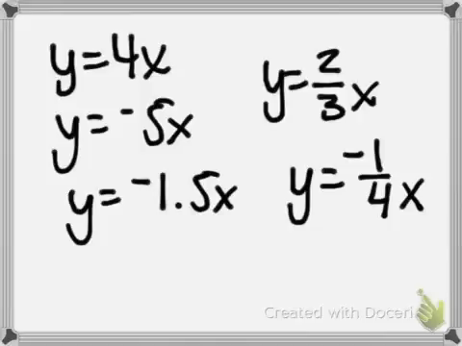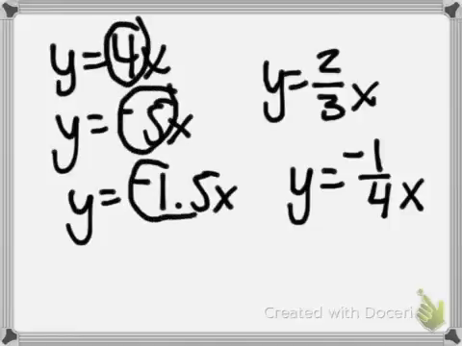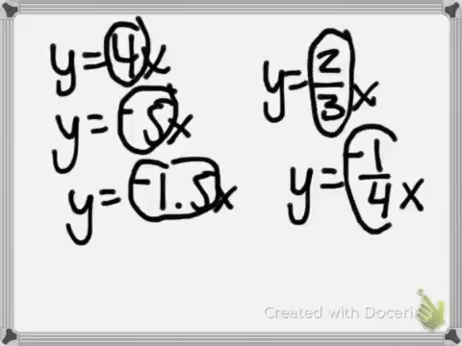The examples below are all examples of proportional relationships because they are in the form of y equals kx. I'm going to circle these numbers here: the 4, the -5, the -1.5, the 2/3, and -1/4. Again, those are my constants, or the coefficients of x. When they're in that form, that lets me know that they are proportional relationships.